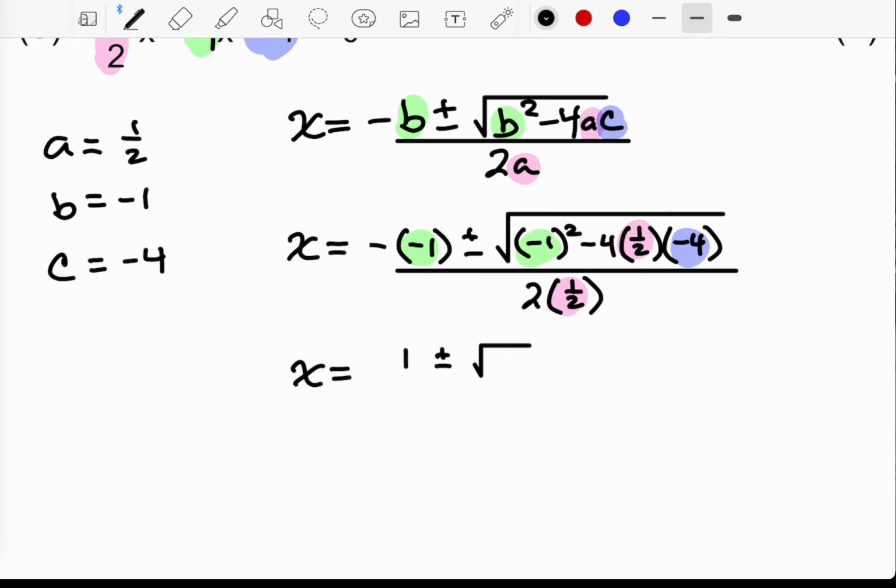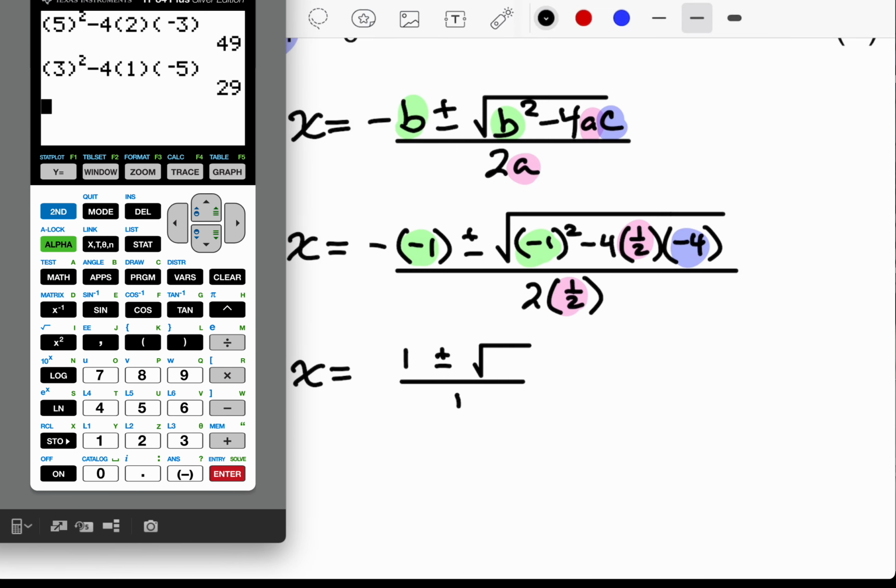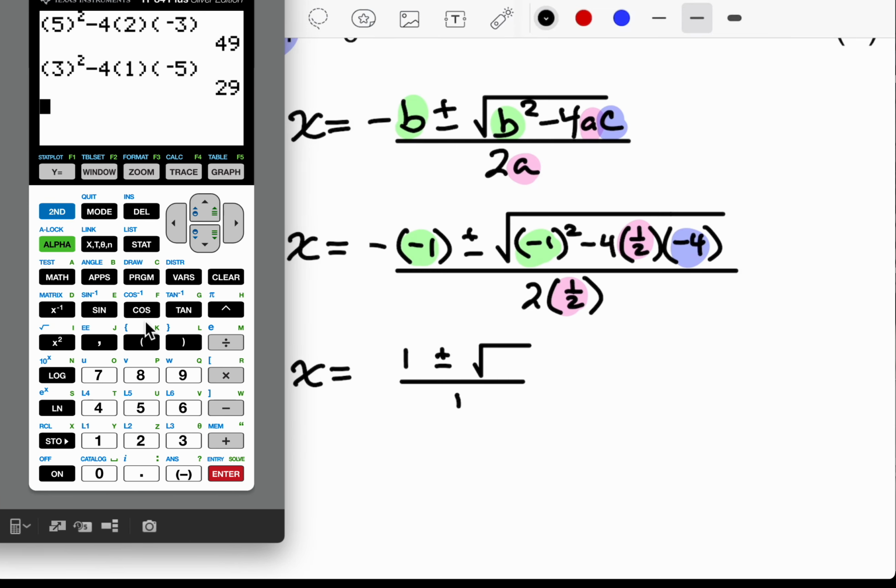On the bottom, I'll do the radical in a second, but on the bottom, 2 times a half, it's just a 1. Which would disappear anyway, because anything over a 1 is itself. So it's really just a matter of whatever's under the radical, which again, you could probably figure out by hand or computationally. But you don't want to make a mistake, so you type it in.